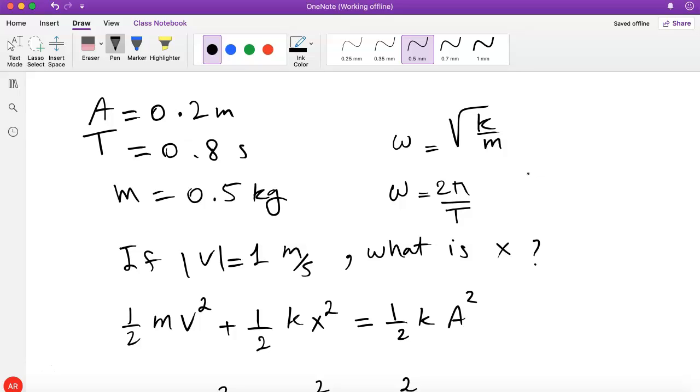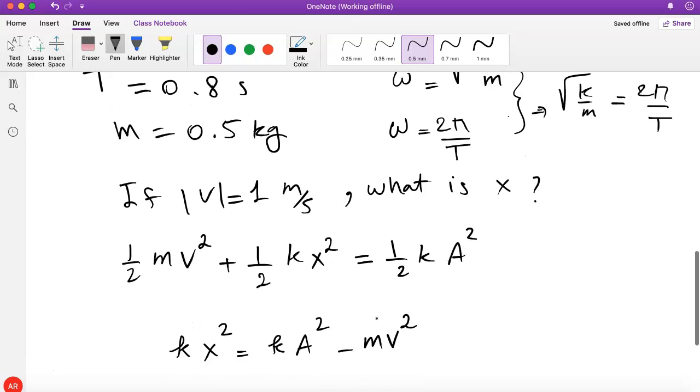So this implies that the square root of k over m is 2 pi over T. Now if I divide by k, since I'm interested in x squared, I find x squared is A squared minus m over k v squared.